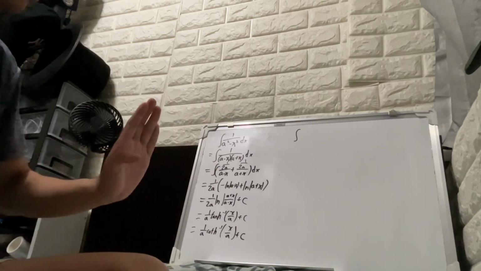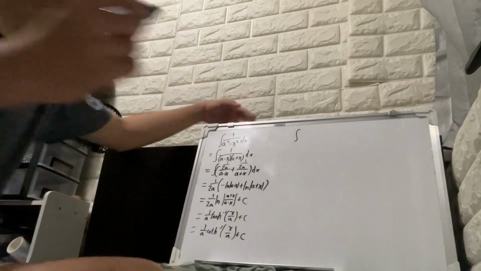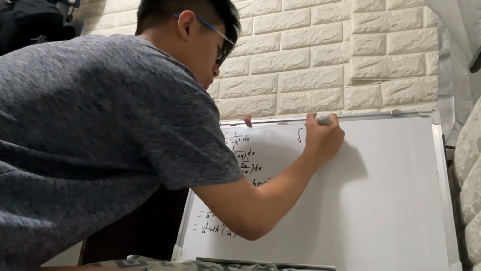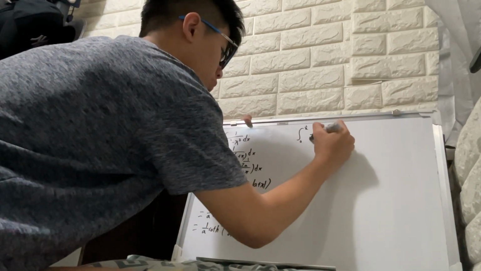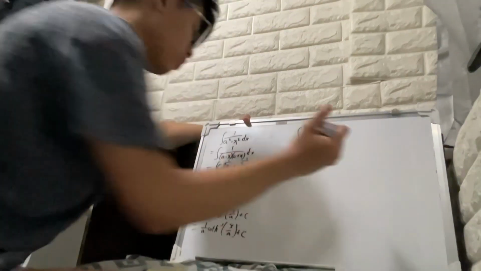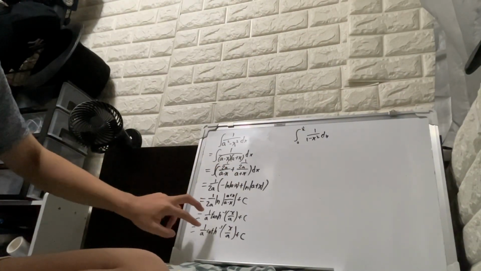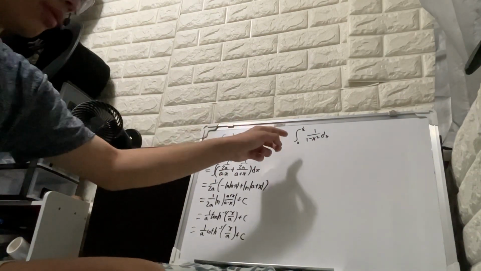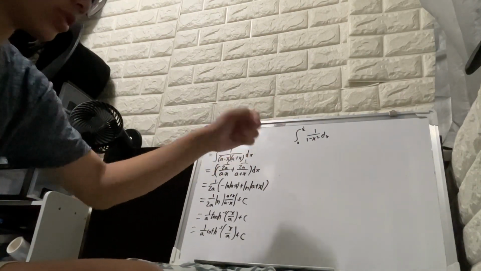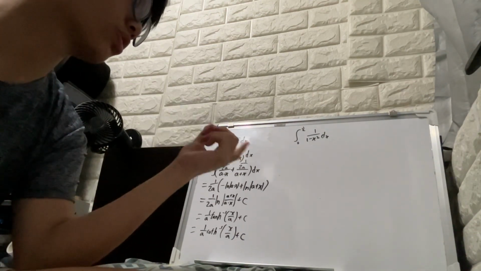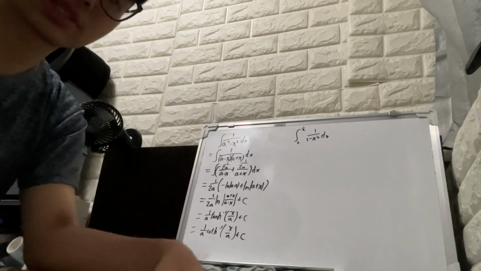Consider a definite integral, integrate from 0 to 1/2, 1 over 1 minus x squared dx. If you don't want to use this, which one do you want to use? For 1 over 1 minus x squared, we know that it is equal to inverse tangent x or inverse coth x, right?